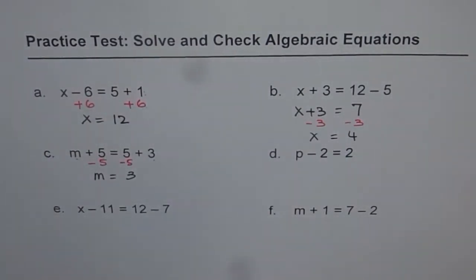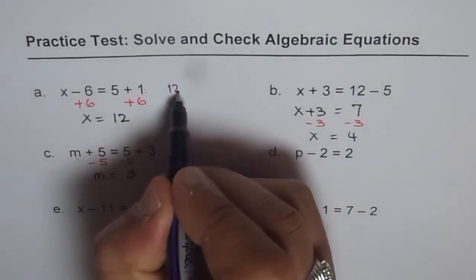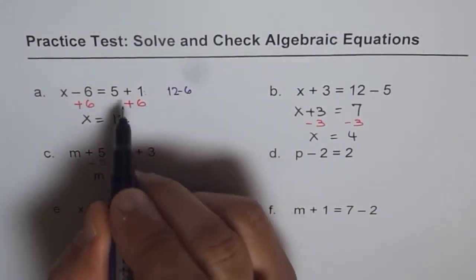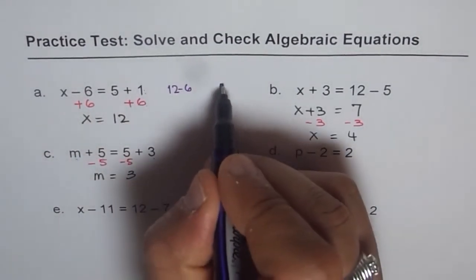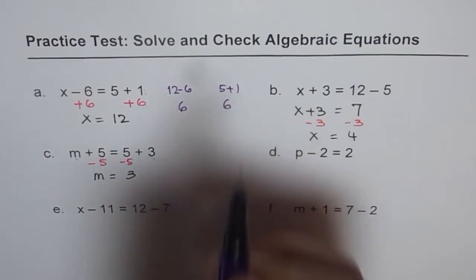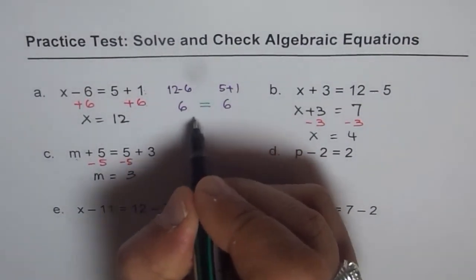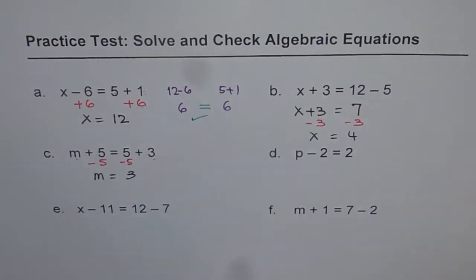Now let's check, is 12 correct or not? If I put 12 here, on the left side 12 minus 6, on the right I have 5 plus 1. 12 minus 6 is 6, 5 plus 1 is also 6. So we find, yes, it is correct. That is how we can do it. So this is an alternate way of doing it.